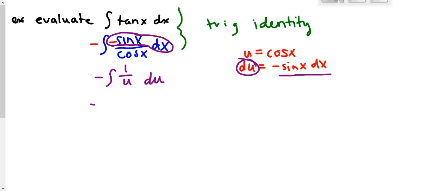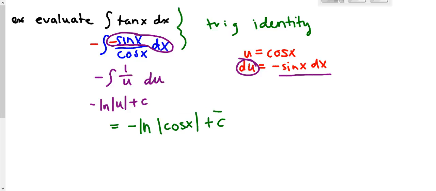So we integrate, we have negative ln of the absolute value of u plus c, and we put the x's back in. So our answer is negative ln absolute value cosine of x plus c. Okay, so that's how our trigs would be applied in an ln problem.